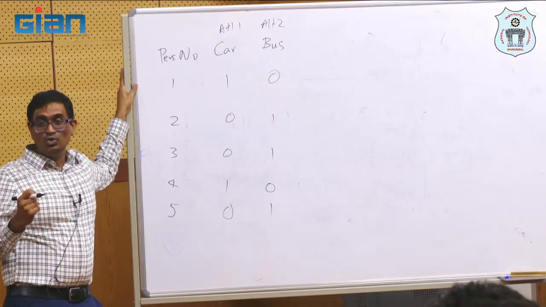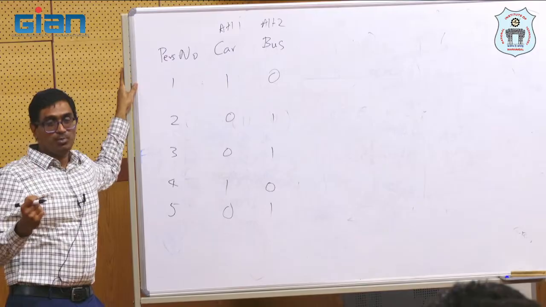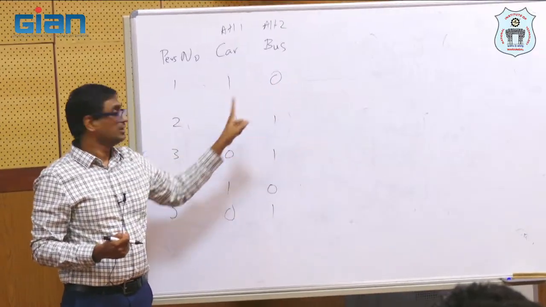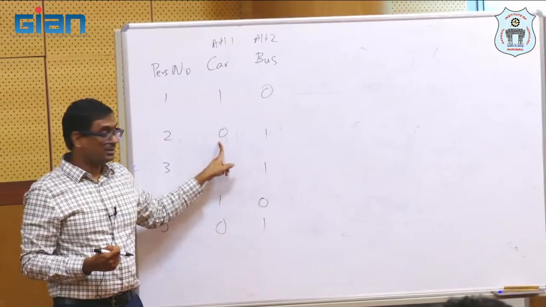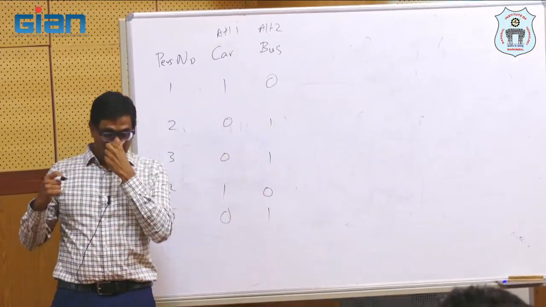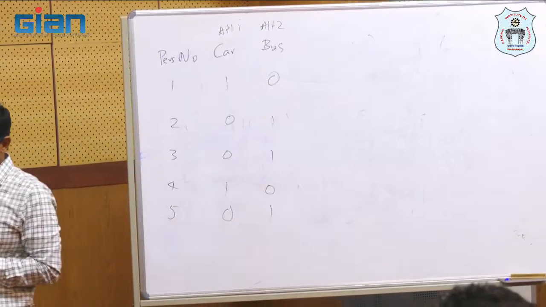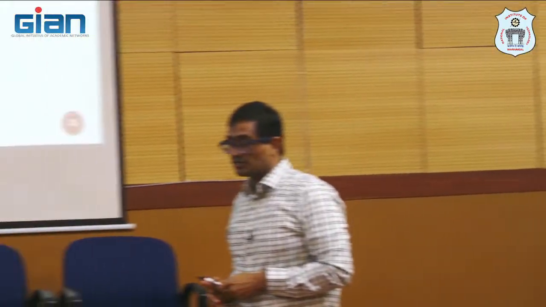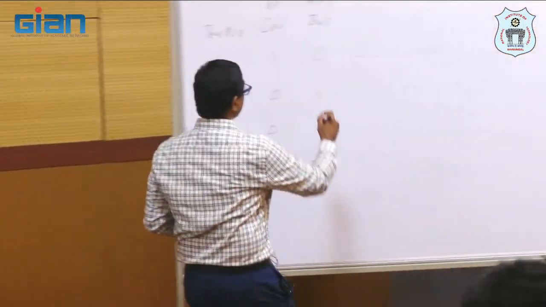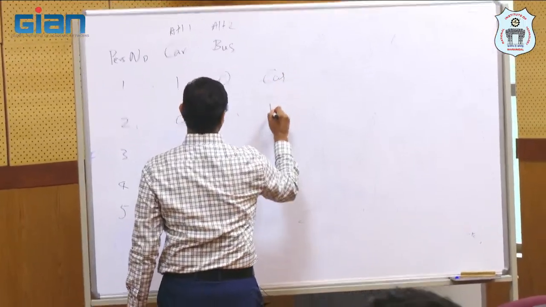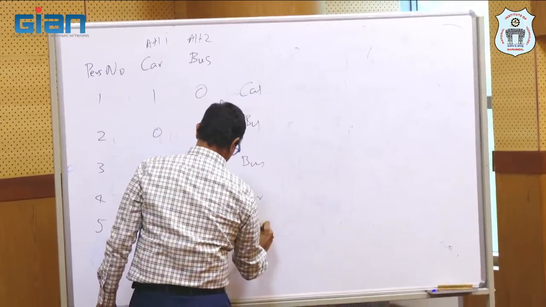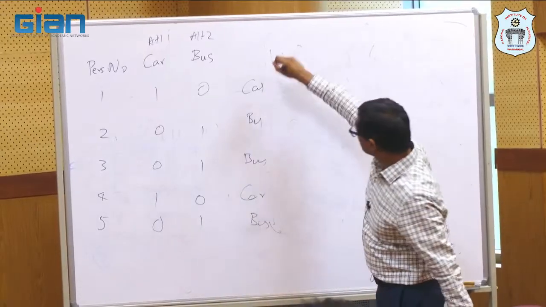Okay, so what we'll do is, if I have a perfect model, it will predict 1 for car, 0 for bus. 0 for car here, 1 for bus. 0, 1. Now, what we are trying to do is predict the sequence of choice. So I should be predicting car, bus, bus, car, bus. This is what I need to be predicting with my model.